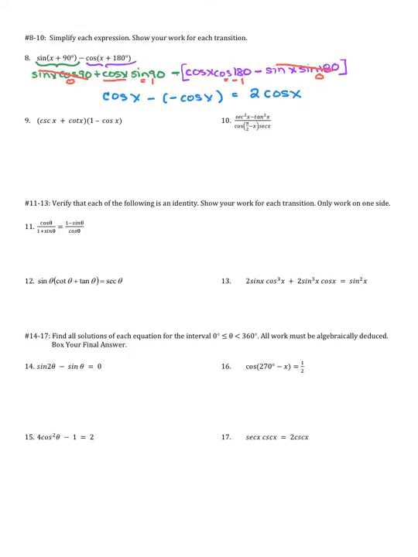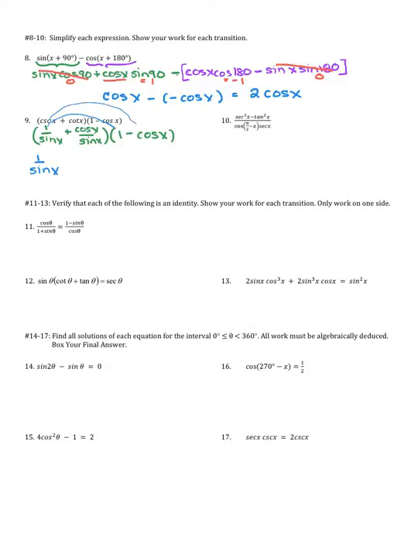Okay. The next one, number 9. I think you guys prefer sine and cosine. So first thing I'm going to do is rewrite this as 1 over sine, and this is cosine over sine. And that is going to get FOILed with 1 minus cosine. So our first terms, when we FOIL, give me 1 over sine x.